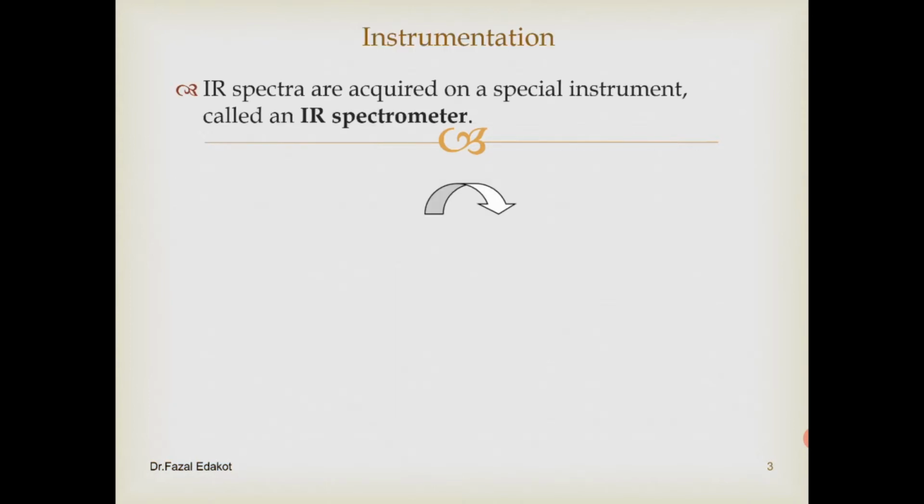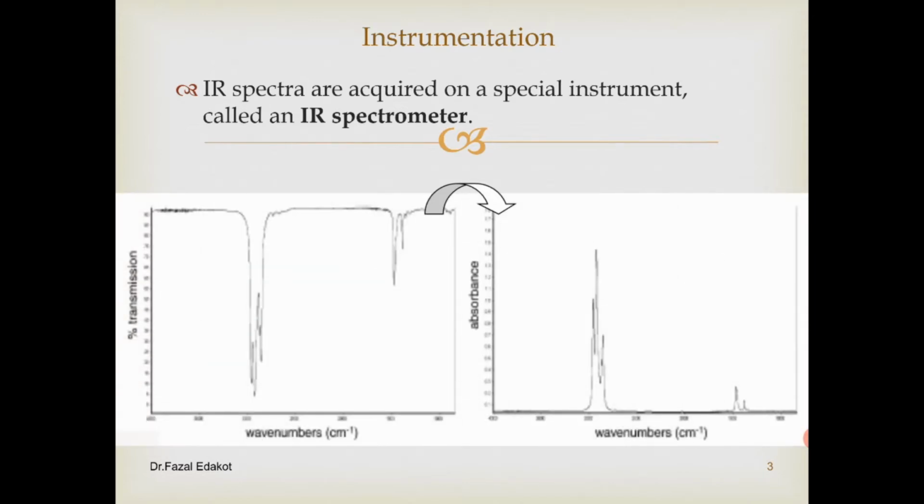In the instrumentation, IR spectra are acquired on a special instrument called an IR spectrometer. Little details are required about the IR spectrometer. We'll discuss it later. So the spectrum will look like this.